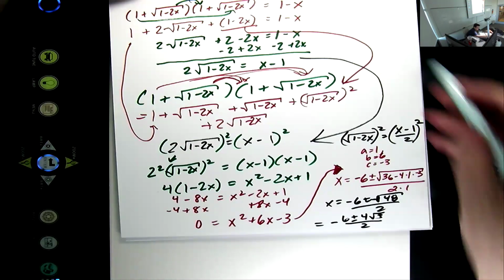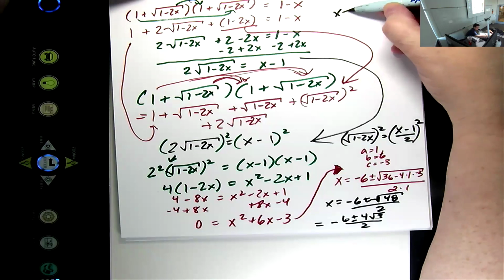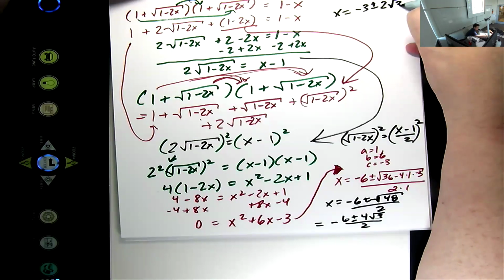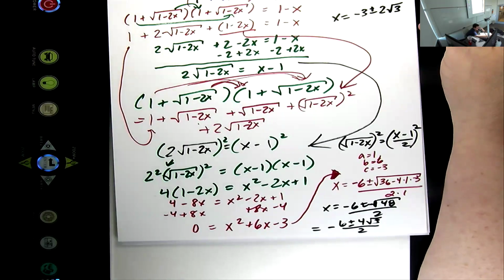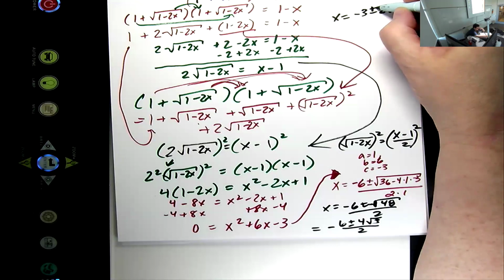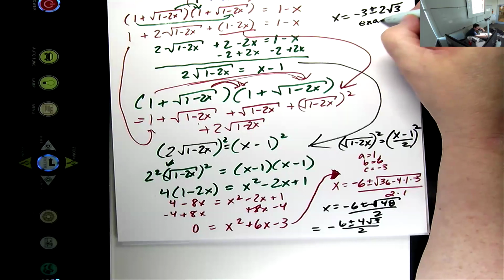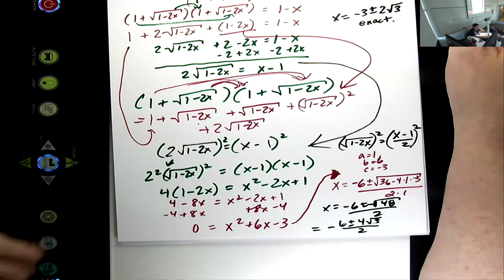So I'm gonna write up here what we get. We get x equals -3 plus or minus 2 root 3. Do you want it like that, or do we leave it in decimal? Well, this is the exact answer, so if this is a question on the test, you want the exact answer.